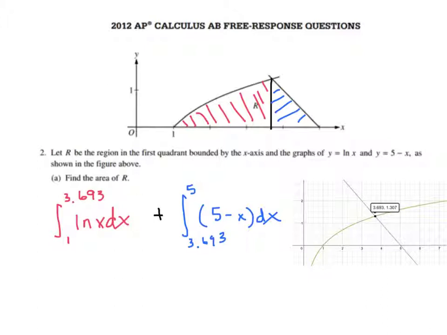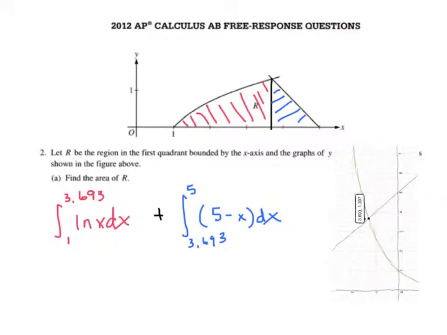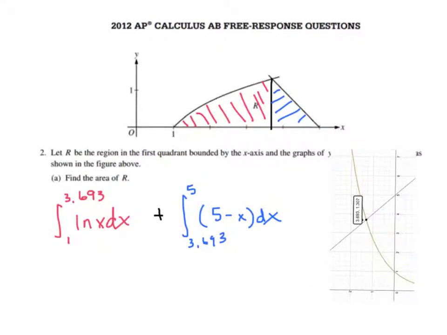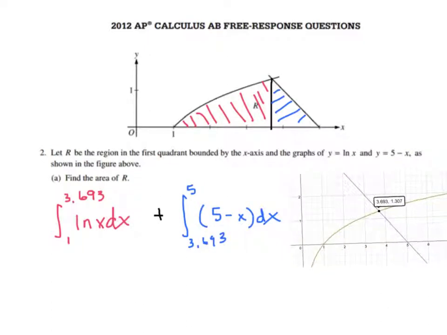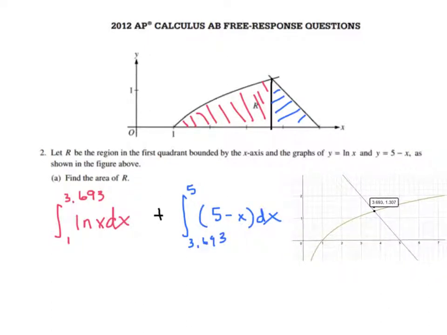The other way you could do it is by changing it to be dy. And let me just turn this graph a little bit. You could see, looking at it sideways, that the line is always on top and the other function, the curve, is always on the bottom. So if we were willing to change it to be an x equals and do dy, we could actually do this in one integral.